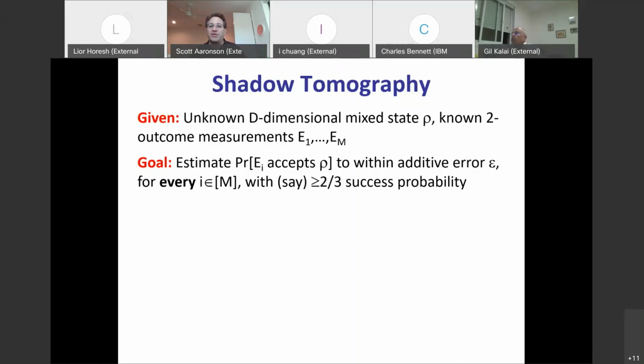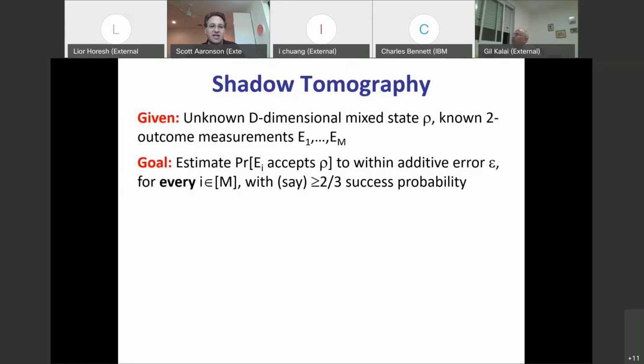We've given up on that because that just requires too many parameters. Instead, we will settle for knowing how rho behaves with respect to these M measurements. Or if you like, we want to know the shadow that rho casts on these M measurements, each of which has only two outcomes, could either accept rho or reject it.